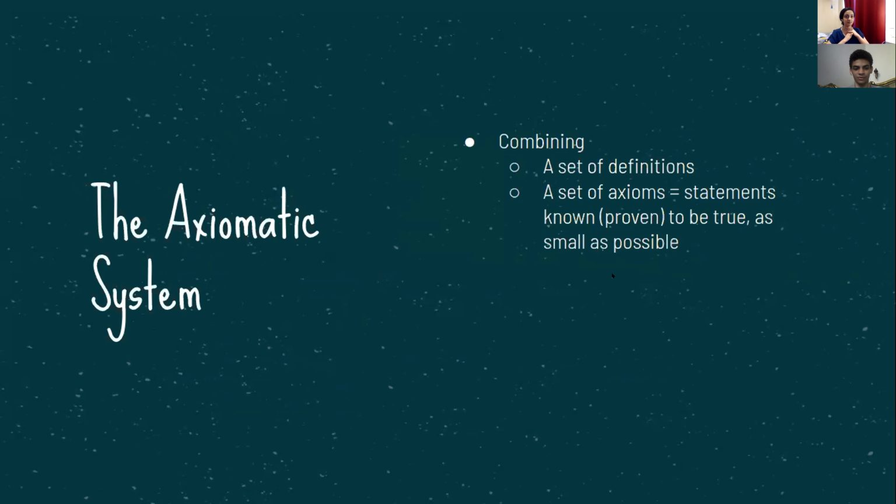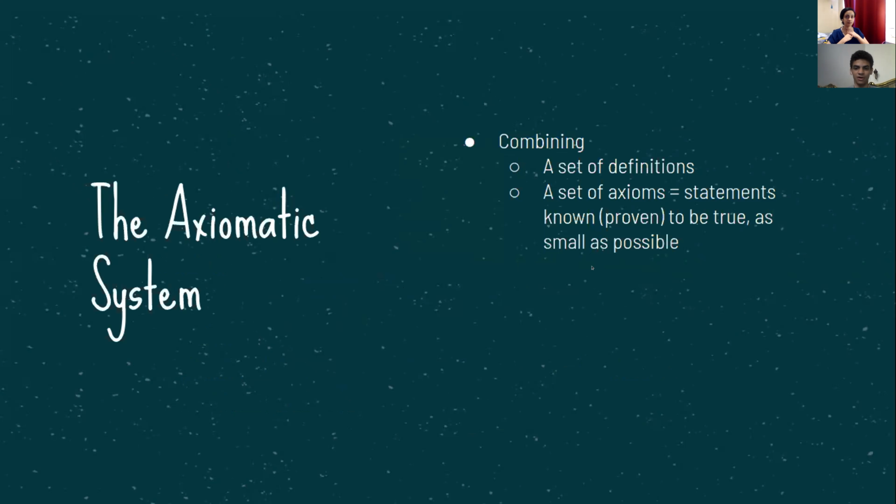So in order to start set theory, there are certain definitions that we need to be introduced to. First, we work in what we call axiomatic systems. Axiomatic systems are basically a group of definitions. You start with certain definitions, so you define your terms that you're going to use, and you also start with a set of axioms. Axioms are just the obvious facts that do not really need a proof.